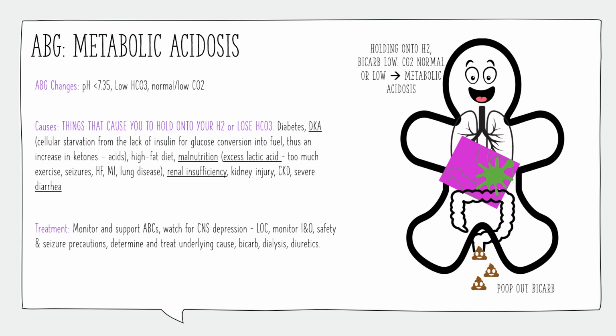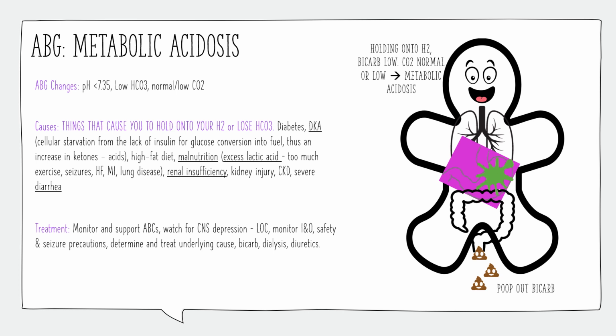High fat diet, again, which is kind of going to put you into that ketosis state where you're burning fat over carbs potentially. Malnutrition, excess lactic acid, too much exercise, seizures, heart failure, heart attack, lung disease, renal insufficiency, kidney injury, chronic kidney disease, severe diarrhea.